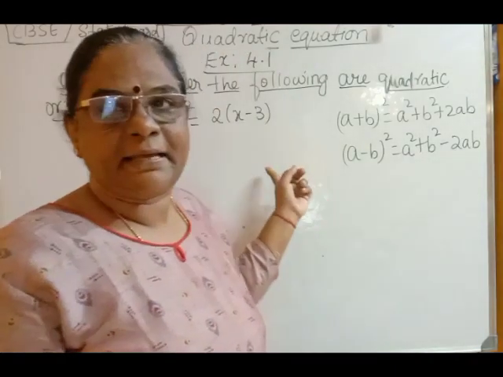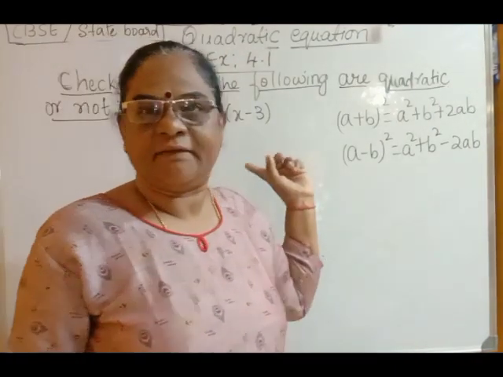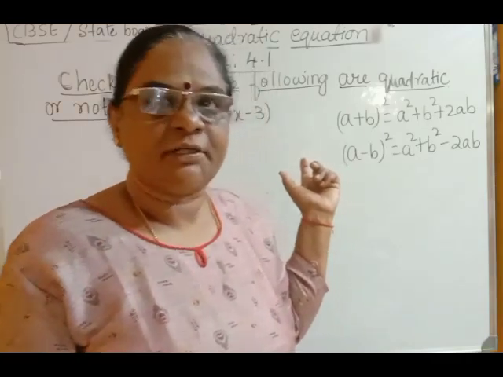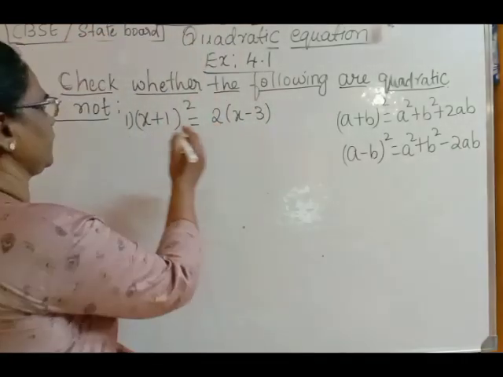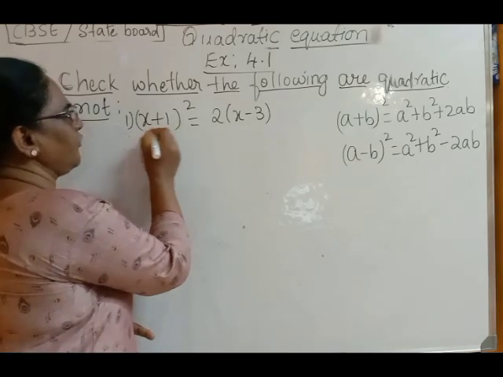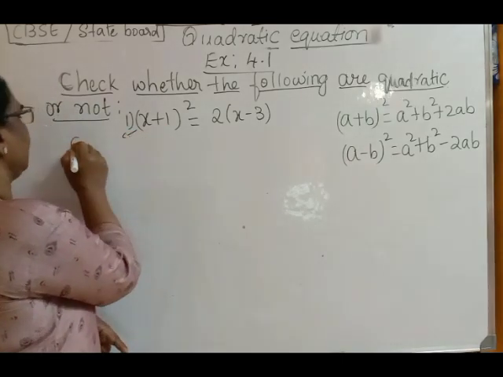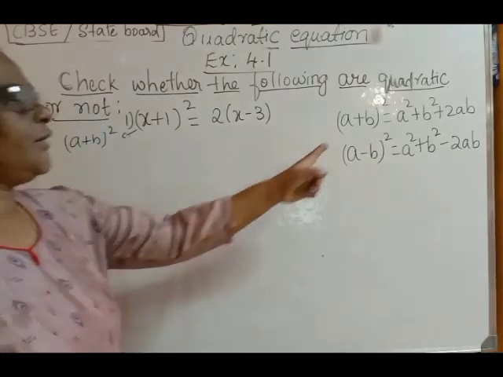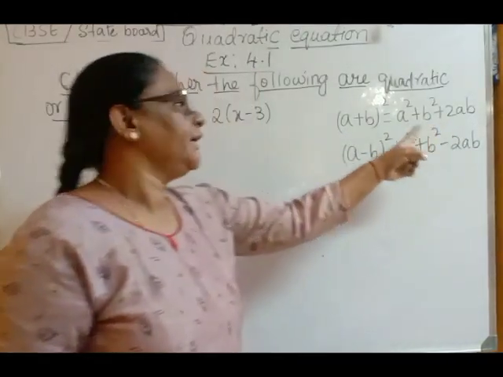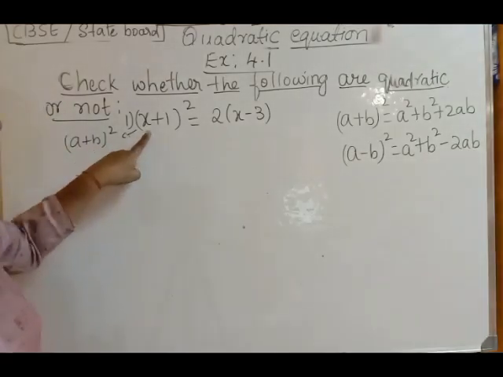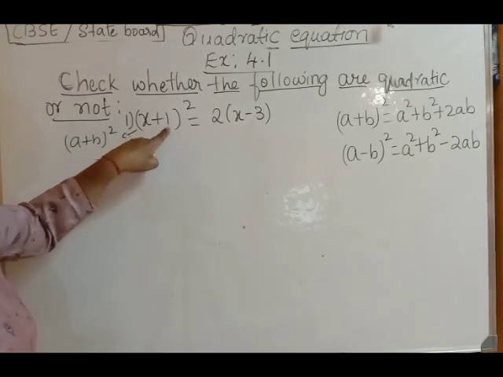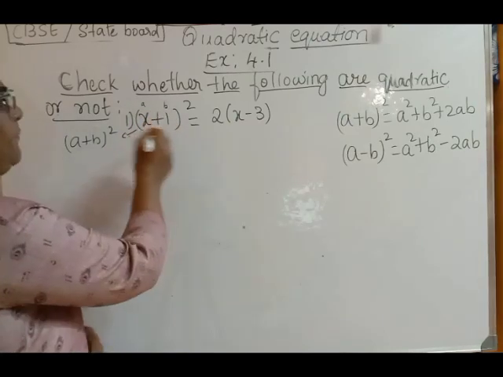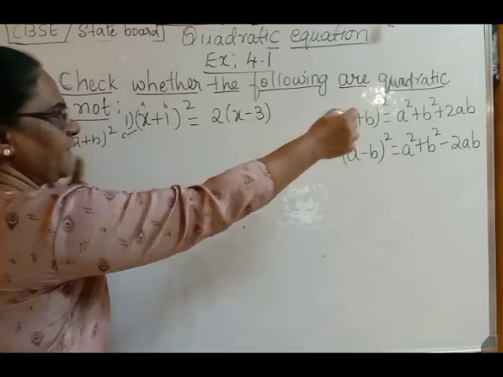Now let me multiply this one and check whether it becomes a quadratic equation or not. Okay. First, see, this is in the form of a plus b whole square. So you have to expand and write like this. A means this one. B means this one. A plus b whole square means expand a square.